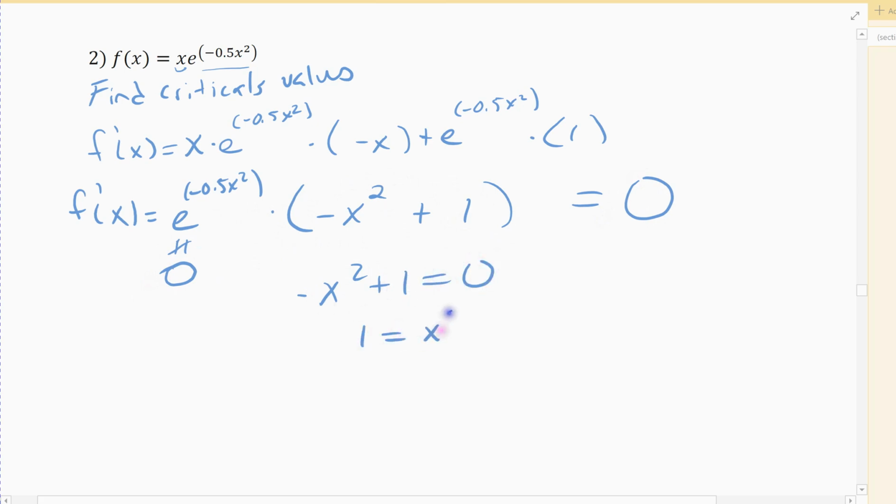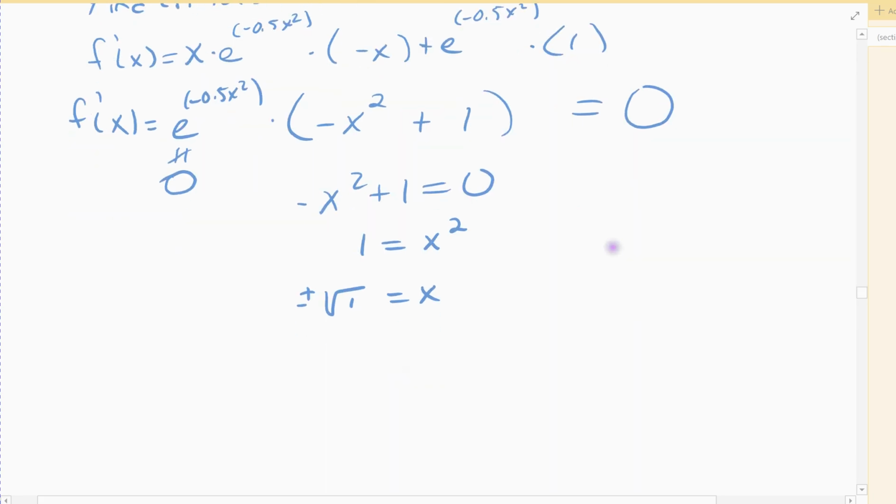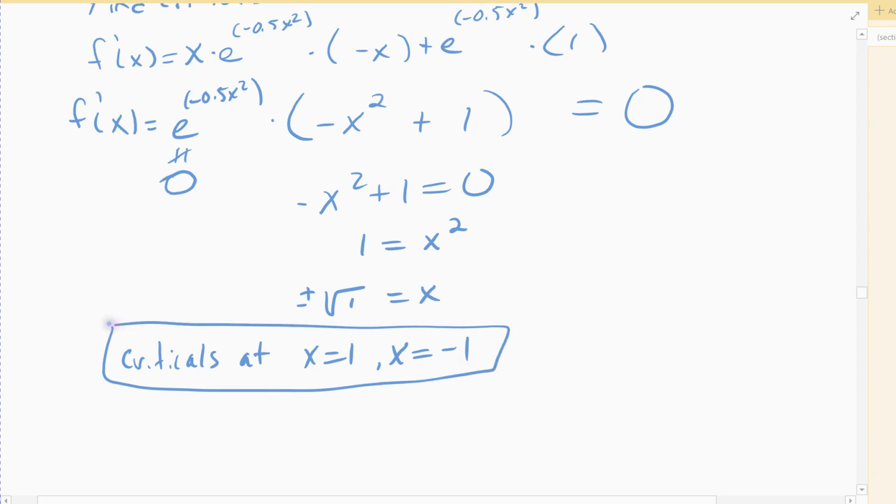I'm going to add the x squared to the other side to get a positive x squared. Use the square root property. Remember, when I use the square root property, I get 2. And so my critical values are at x equals positive 1 and at x equals negative 1. So those are my criticals, my critical values, not my critical points.